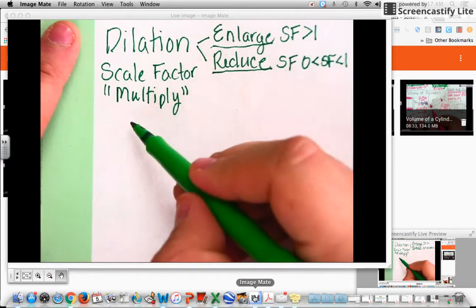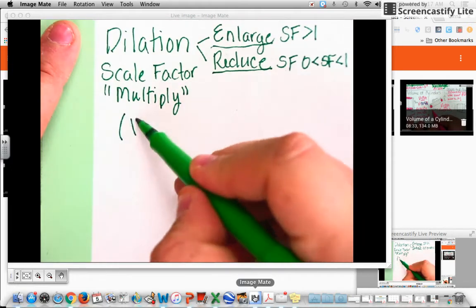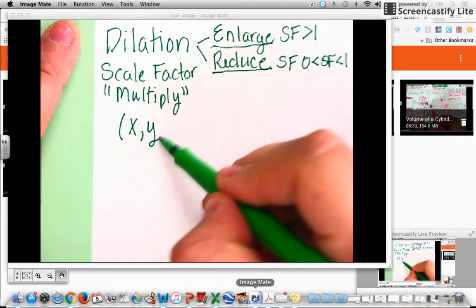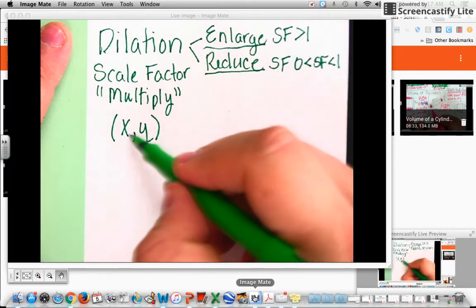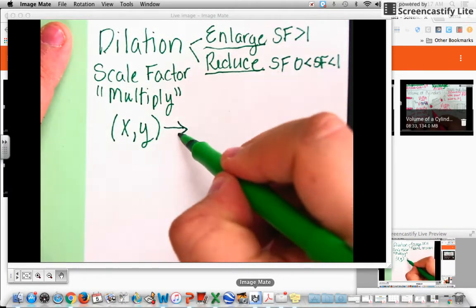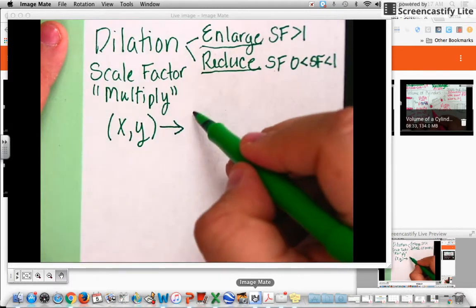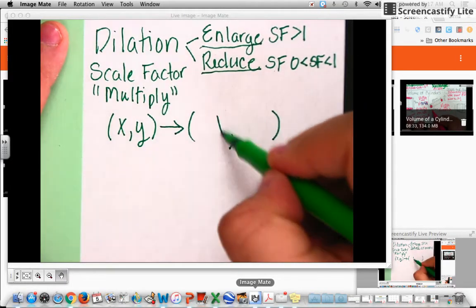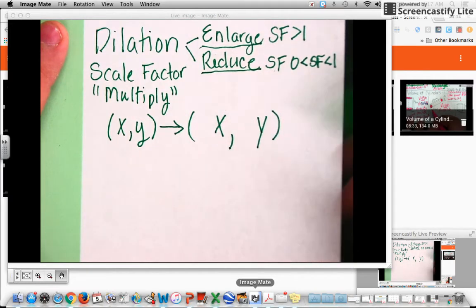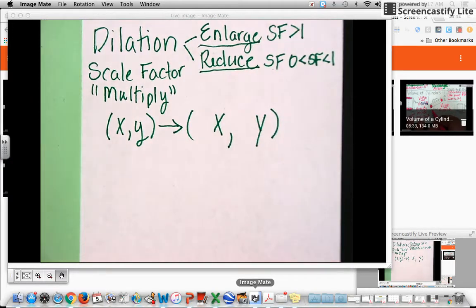So when we look at this, our algebraic representation means take the original point. Remember, it always starts with the original point. They try and trick you sometimes. They'll switch it. Always start with the original point. The arrow means change, and this is when we get this. And we still have an x and we still have a y. But in this case, since it's multiply, we're not necessarily adding or subtracting anymore.